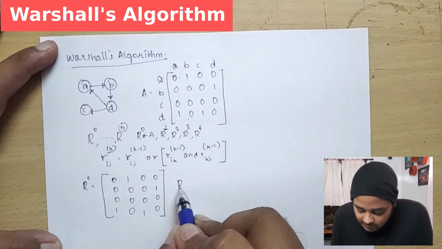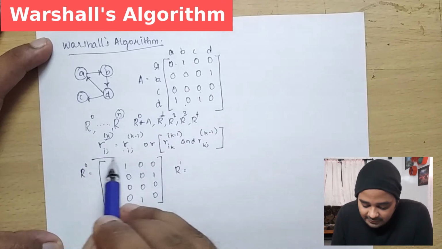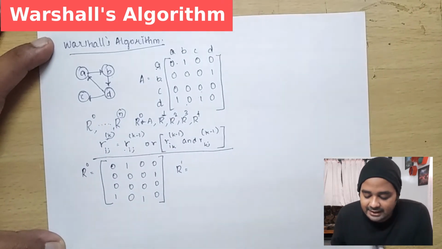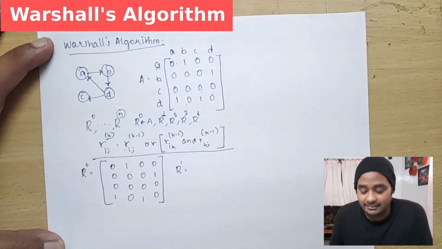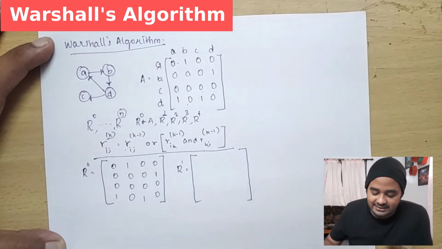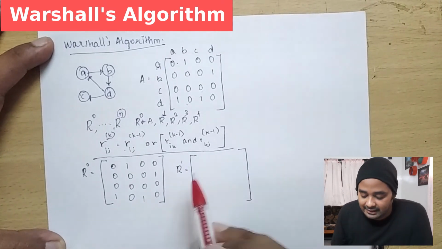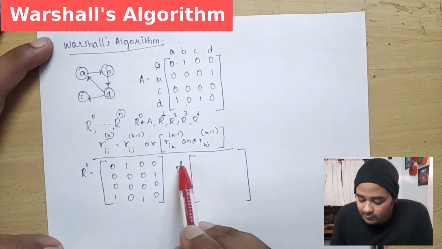So for R1, we are just going to implement this particular formula. Okay, so this formula can be simplified and then implemented. We are going to take the highlighted value, which means that right now we are performing R1, right?